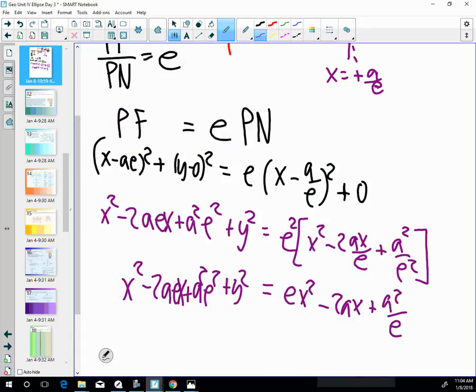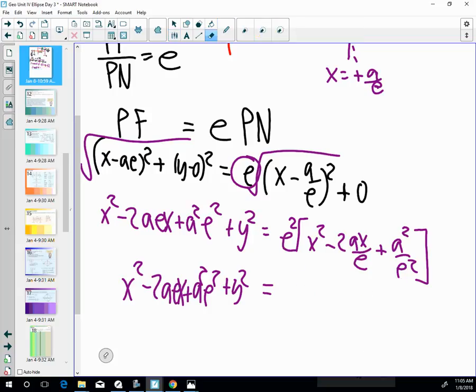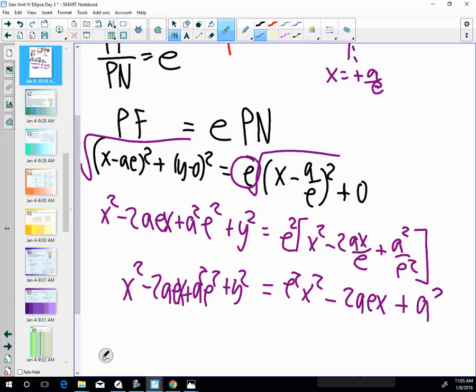When I square both sides, because these are square roots, if we square both sides, this E becomes squared as well. And so I had forgotten that. Thanks for catching that. So it's E squared X squared minus 2AEX plus A squared. There we go.